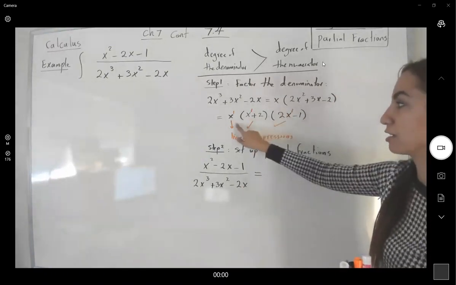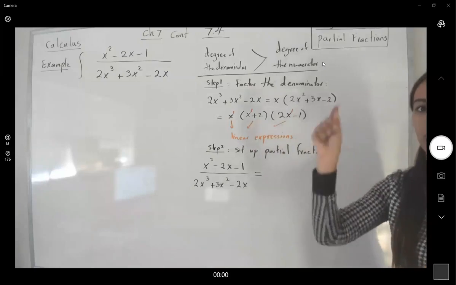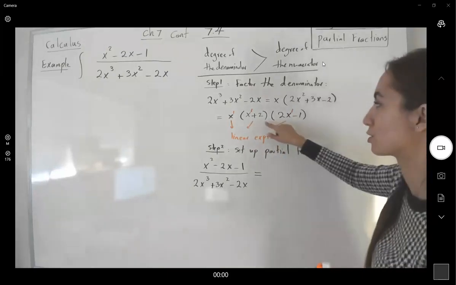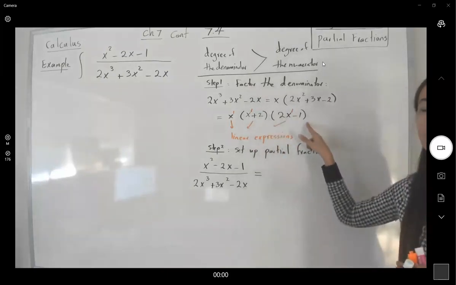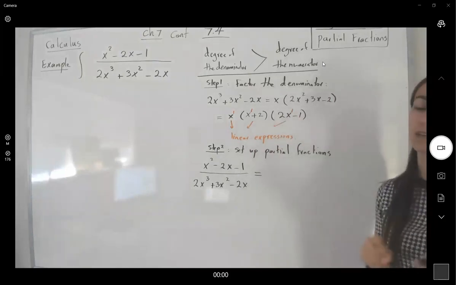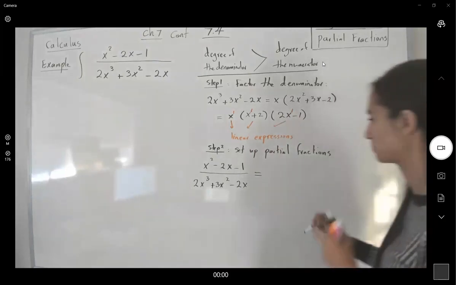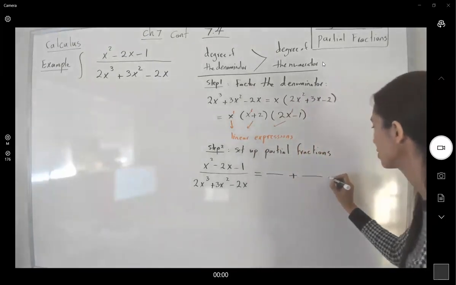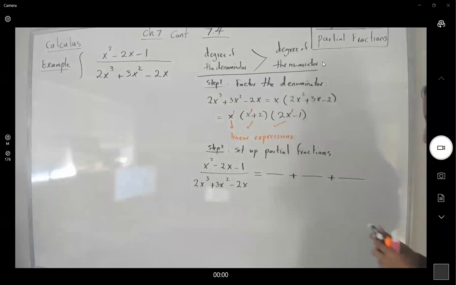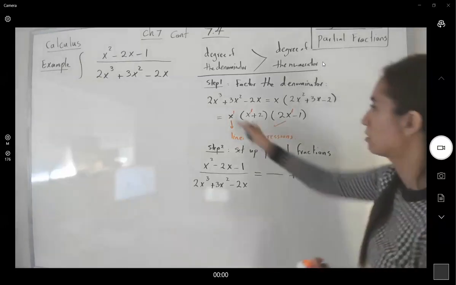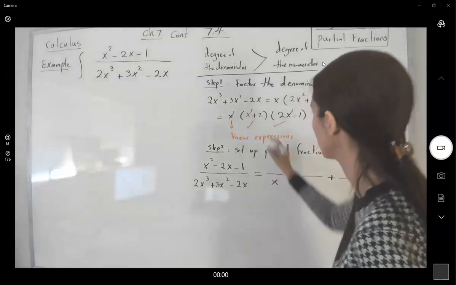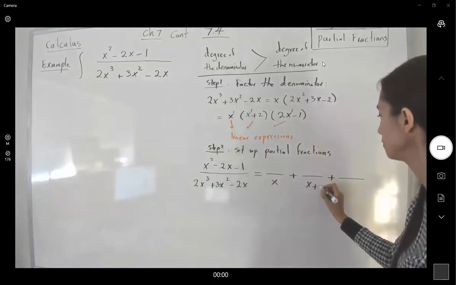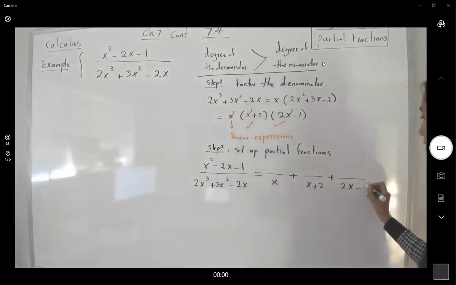The very first linear expression is your first denominator, then your second denominator, and your third denominator. The order is not important. The first fraction plus the second fraction plus the third fraction. So this is your x, then x plus 2, then 2x minus 1.